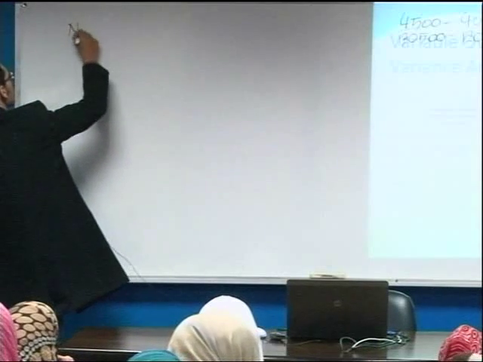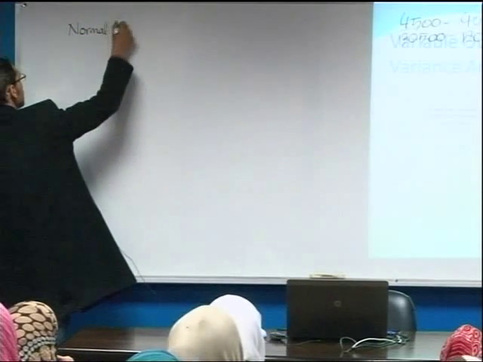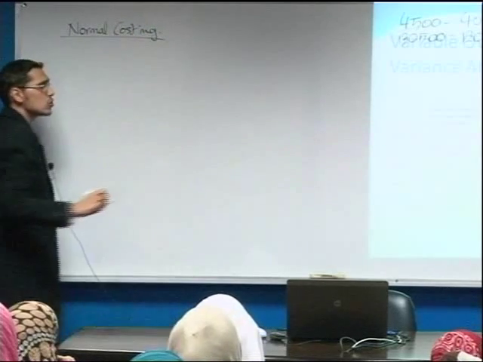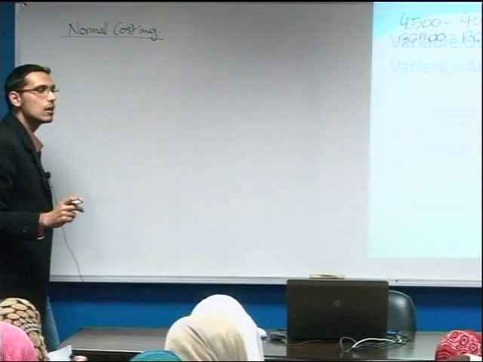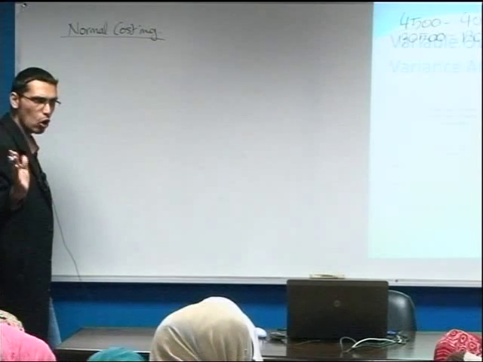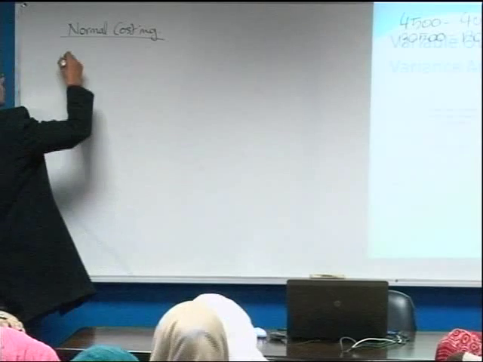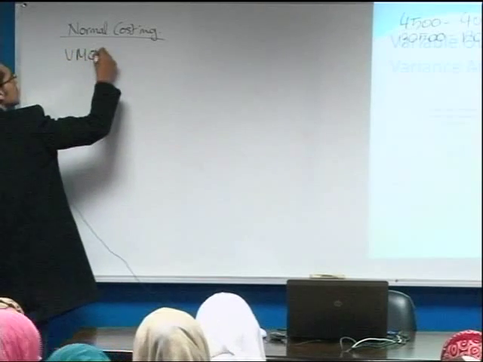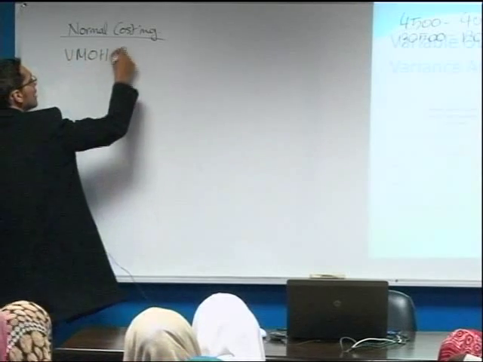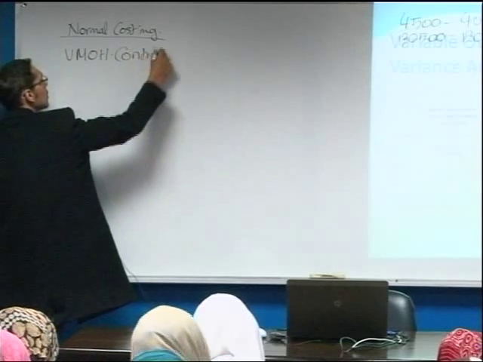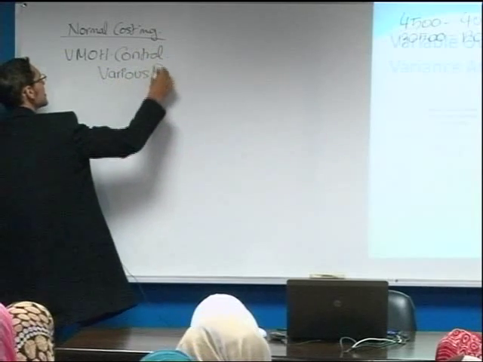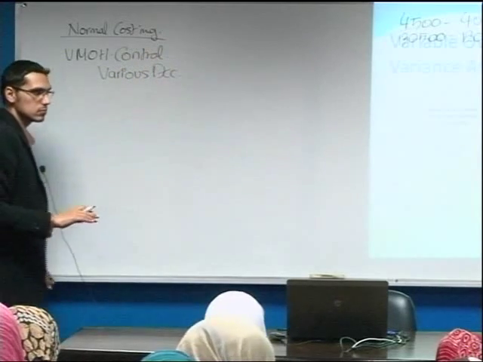According to our normal costing, we first of all would consider the journalizing of the actual manufacturing overhead costs, correct? Therefore, we would debit the variable manufacturing overhead control account, and we would credit, of course, various different accounts.